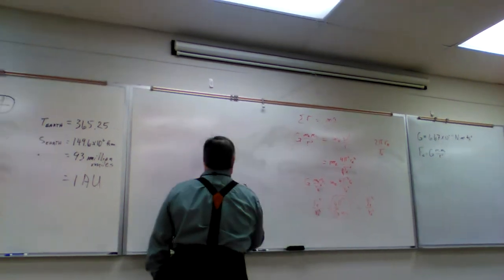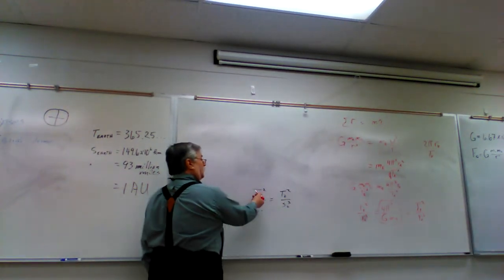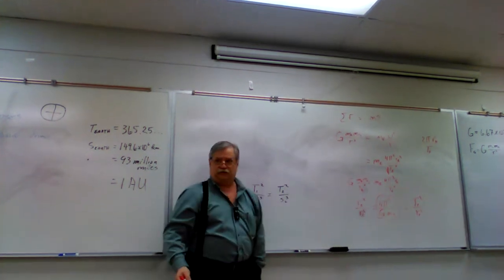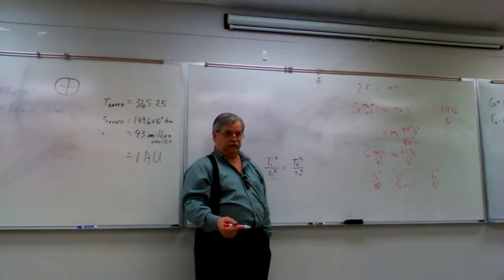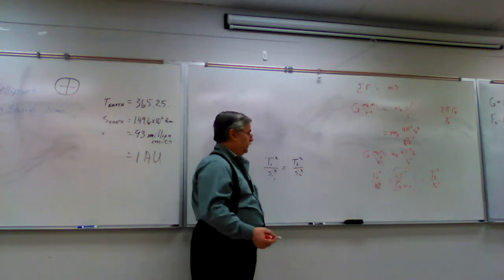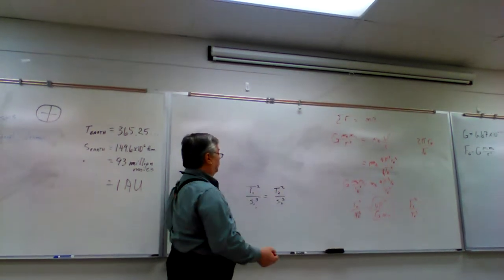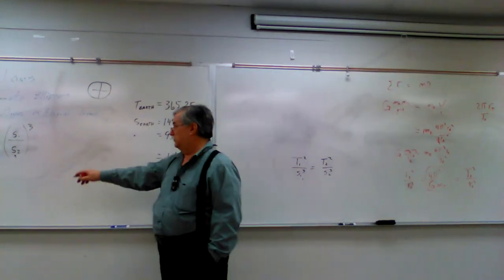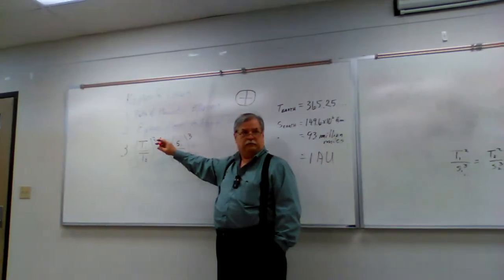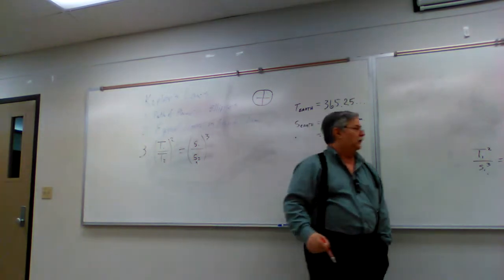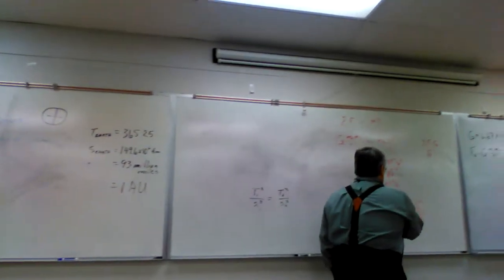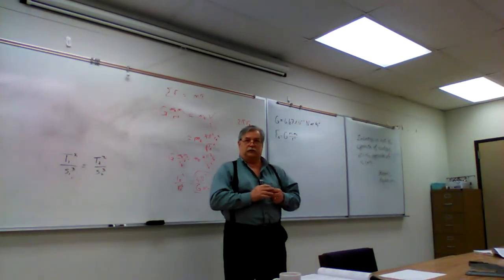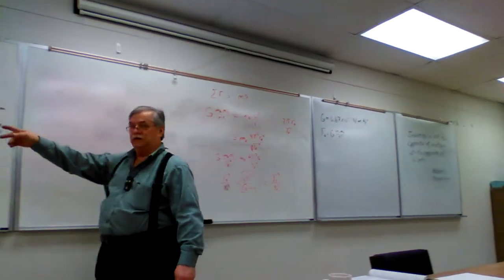So we end up with this. Period of one squared divided by the average distance or radius of that one cubed is equal to the period of the other one squared divided by the radius of that one cubed, which we got by rearranging from Kepler's third law. And so Newton's universal gravitational law just subsumed Kepler's third law.